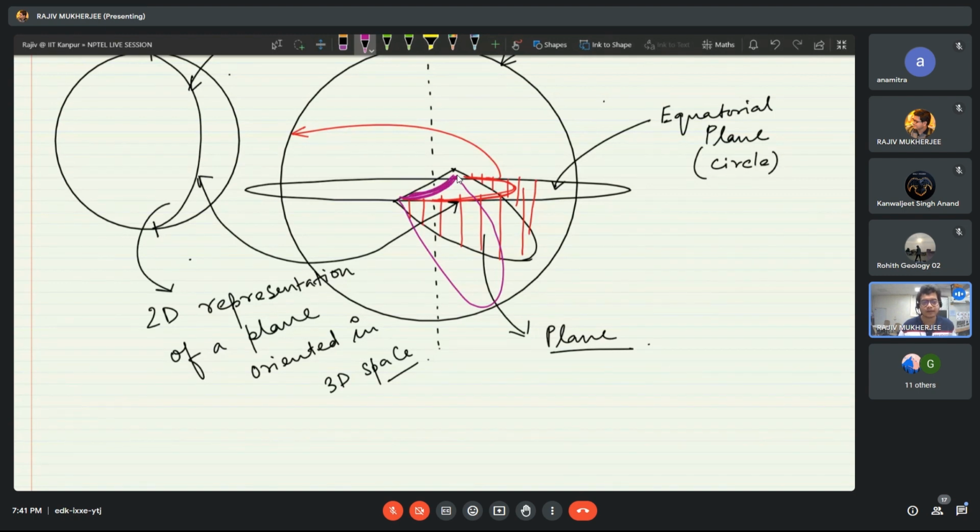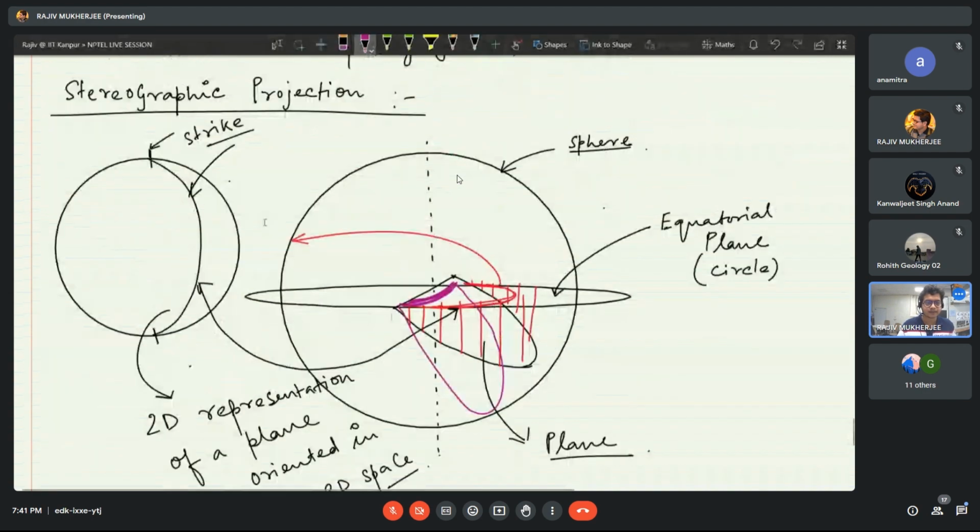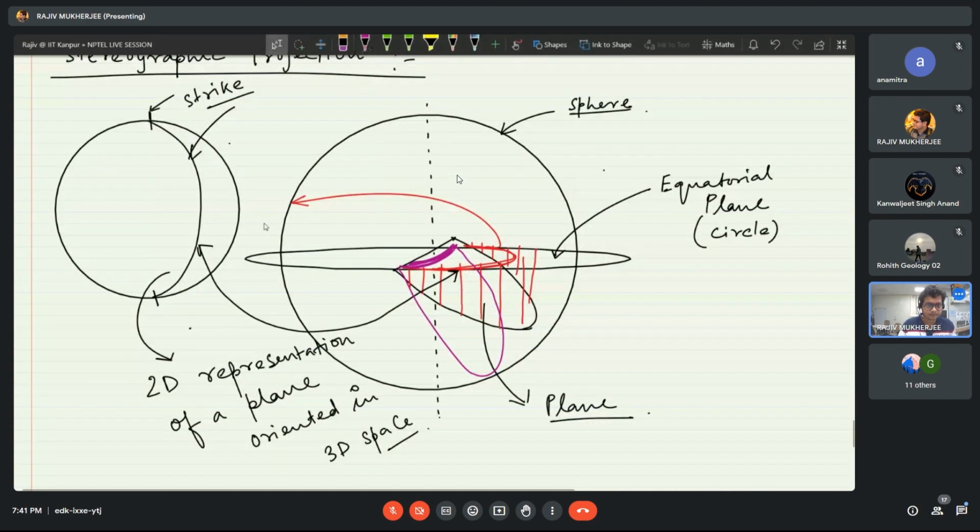Here we can have it like this, and eventually, if a plane is perpendicular or vertical, we would have just a straight line, like this.